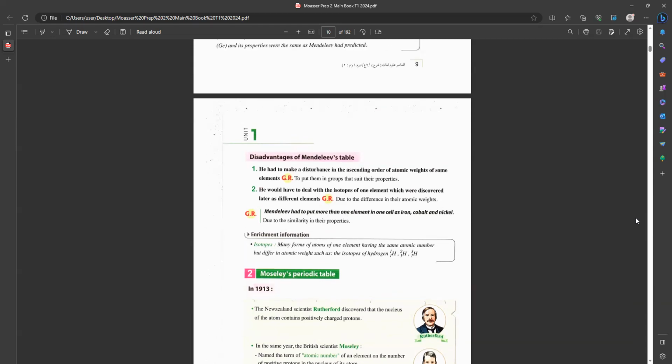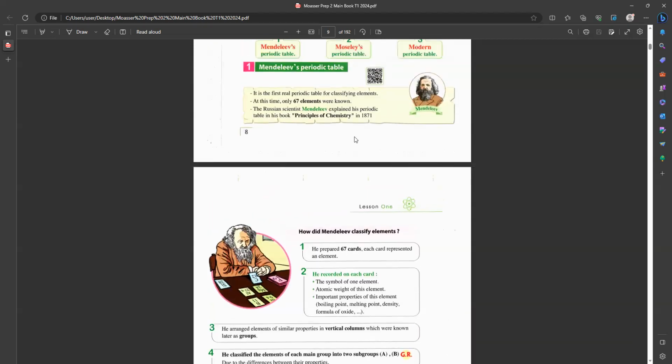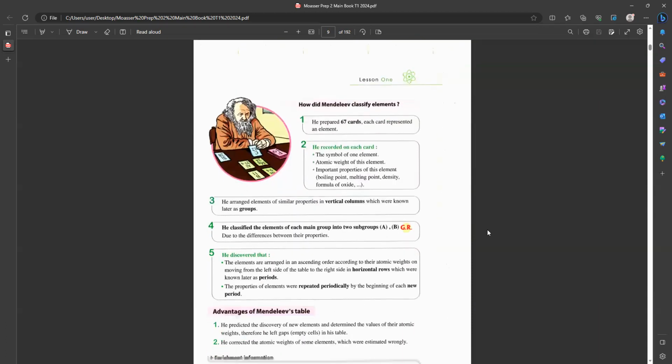Again, we talk about Mendeleev. He is a Russian scientist. In his time, the number of elements discovered was 67. He put his discovery in a book called Principles of Chemistry. He prepared 67 cards.